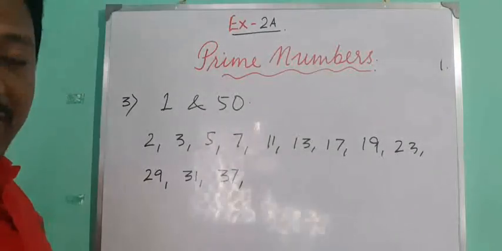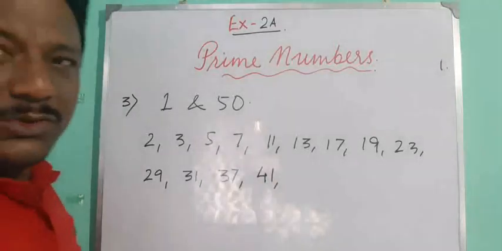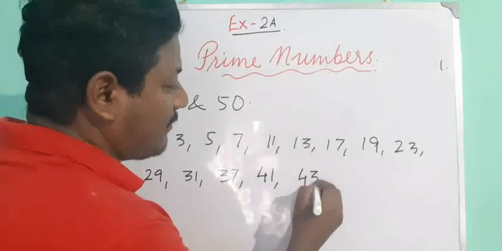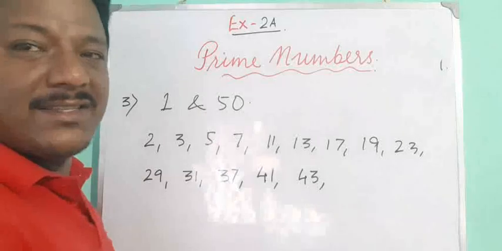Then 40 we cannot. 41 we can have. 42, no. 43 we can have. 44, 45, no. 46, no.